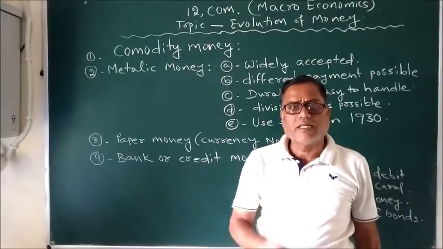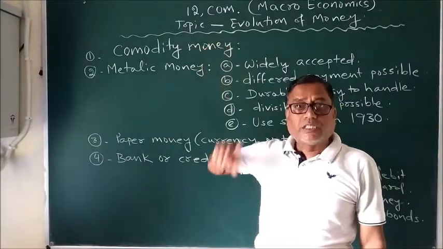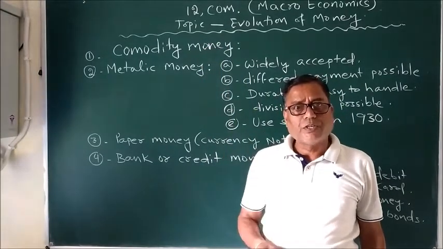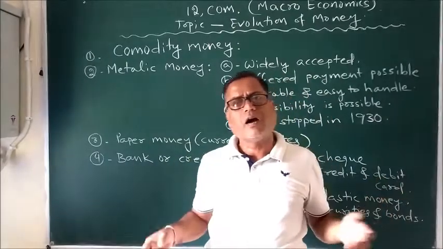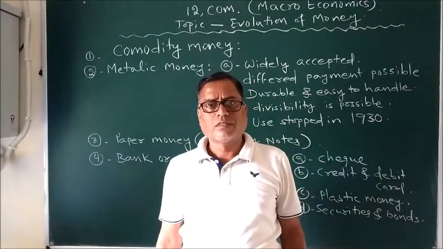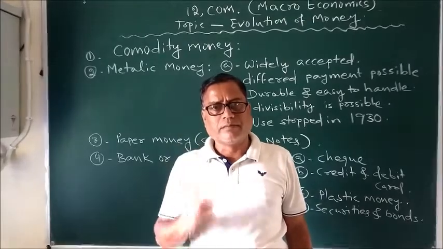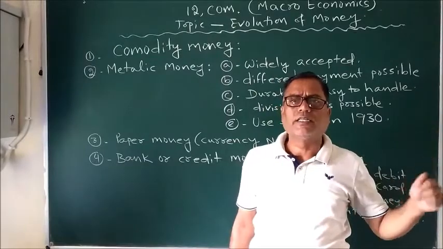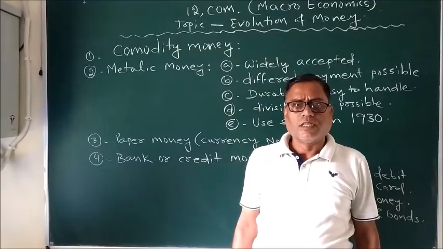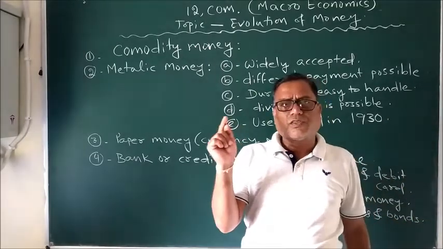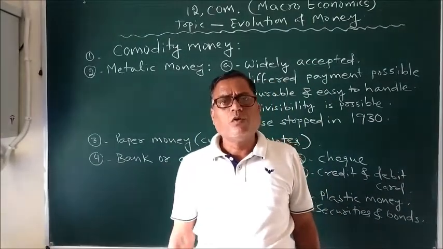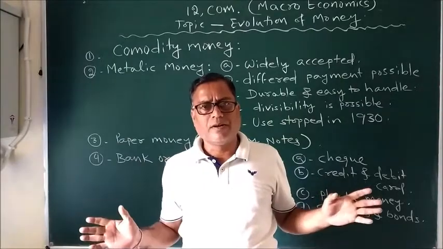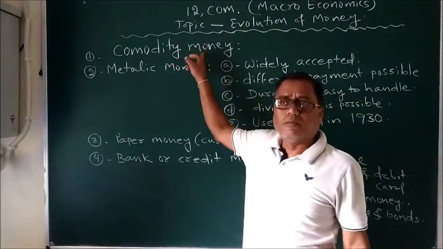The first requirement is that the goods which we are going to use as the common measure of value must be demanded or required by almost everyone. That means common acceptability. For example, a time was there when salt was treated as money. A time was there when sea snails were treated as money. So all these things which are commonly accepted by people become commodity money.